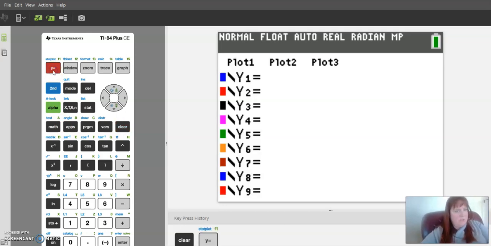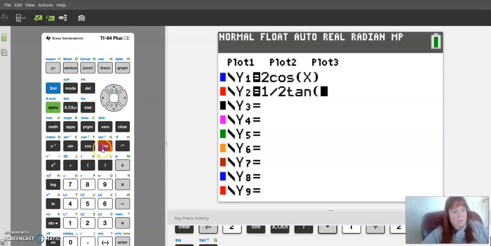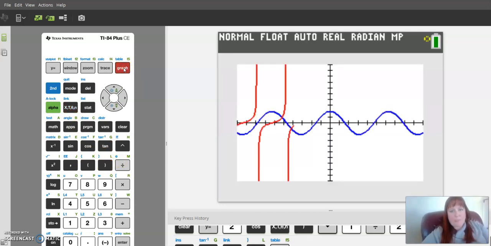We put in 2 cosine x, and then 1/2 tangent x. We're going to graph them.